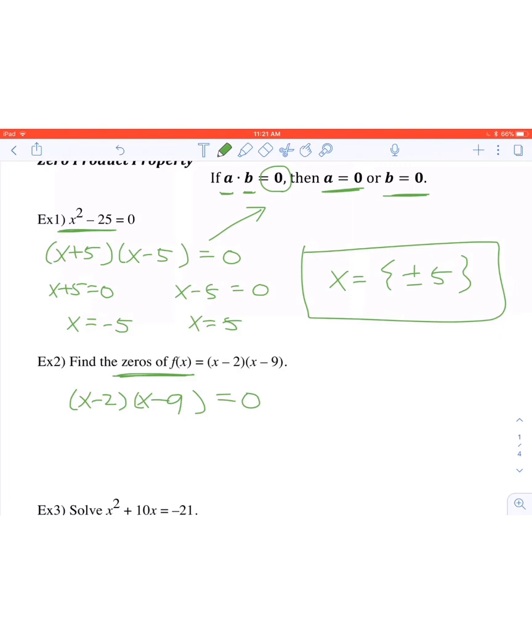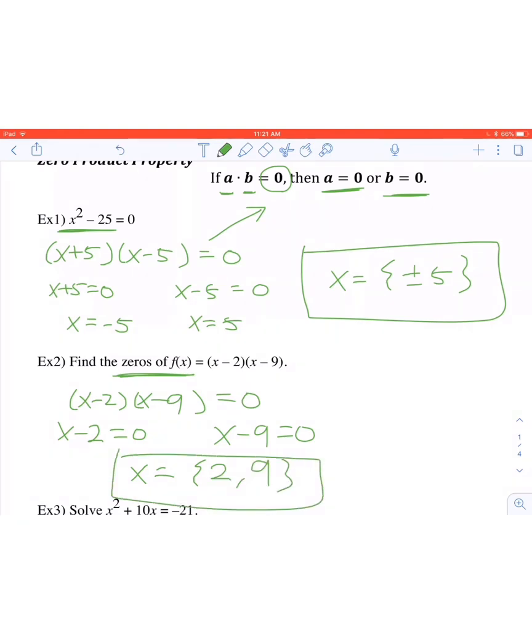So therefore, using the zero product property, it means either x minus 2 is 0 or x minus 9 is 0. Therefore, my x values are either 2 or 9.